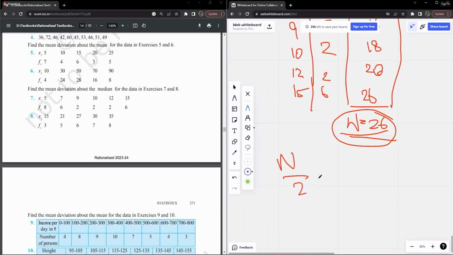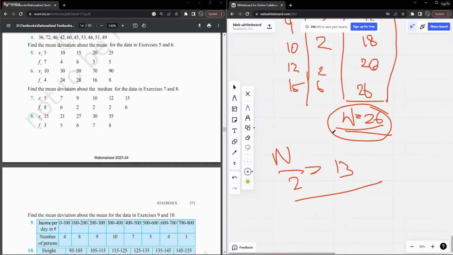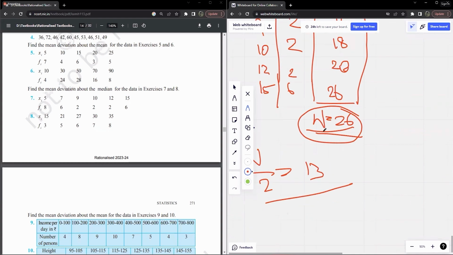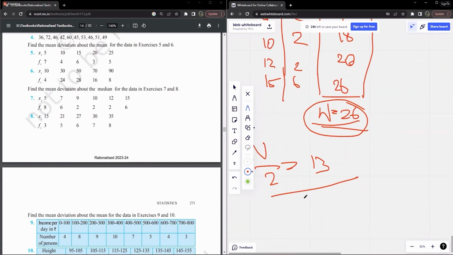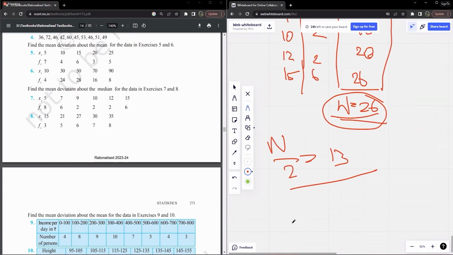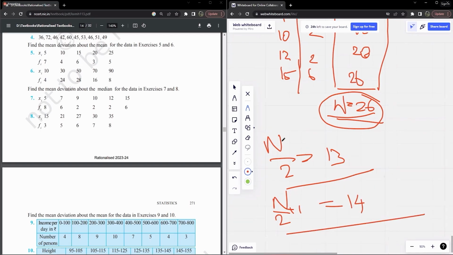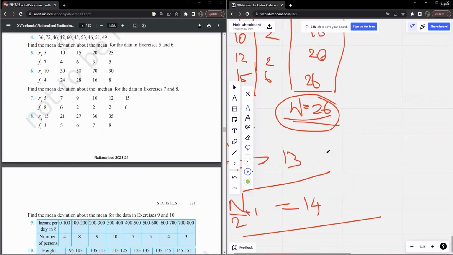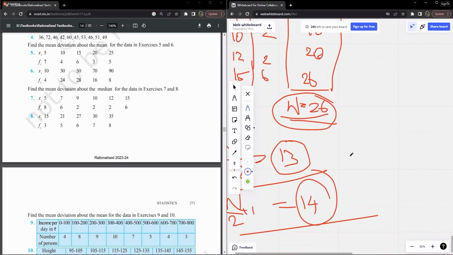So n by 2 is 13. Since this is an even number, your median is going to be the mean of this value and the n by 2 plus 1th value. So we have the 13th value and the 14th value, for which if you take the mean, you get the median.